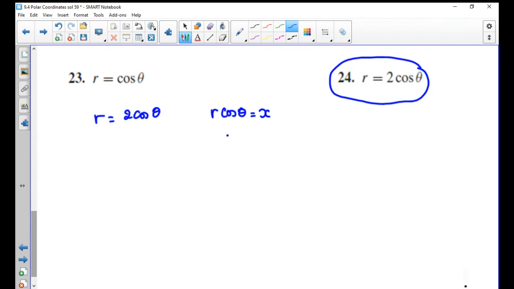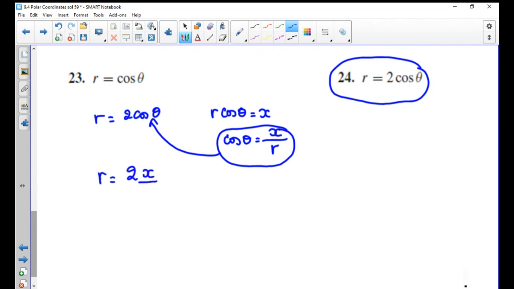So that means I can write cosine theta as x over r. And then I will substitute it here, so I will get r equal to 2x over r. Then I will multiply both sides by r. That means r squared is 2x. Yes or no? Yes?